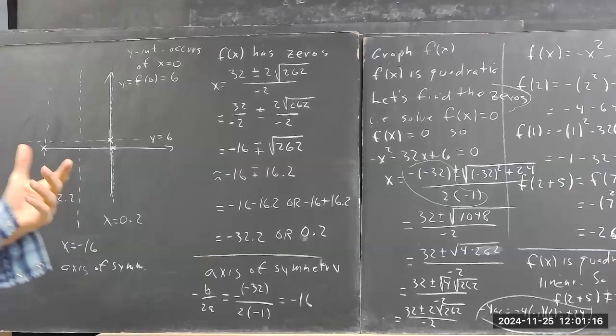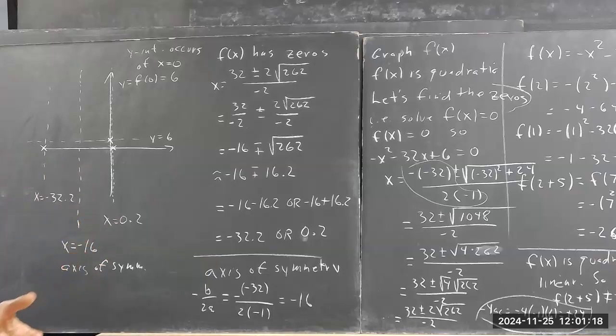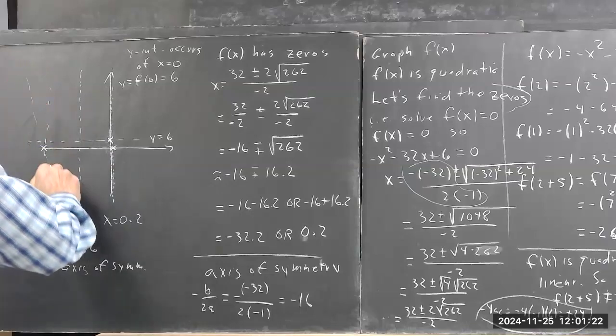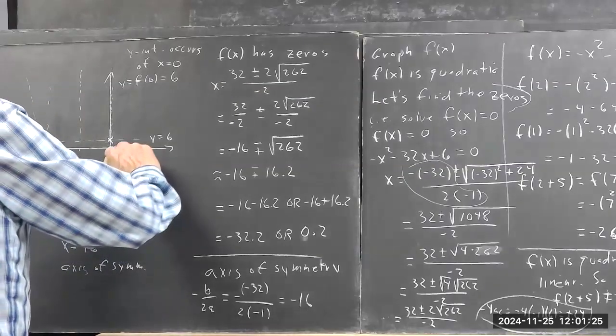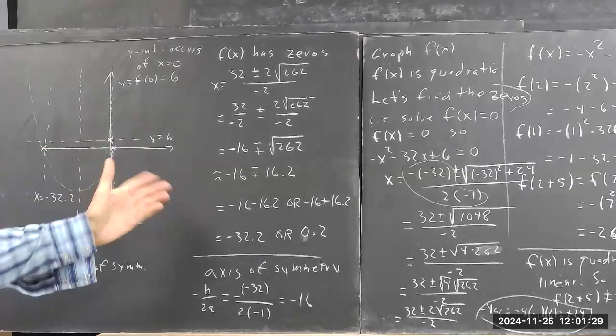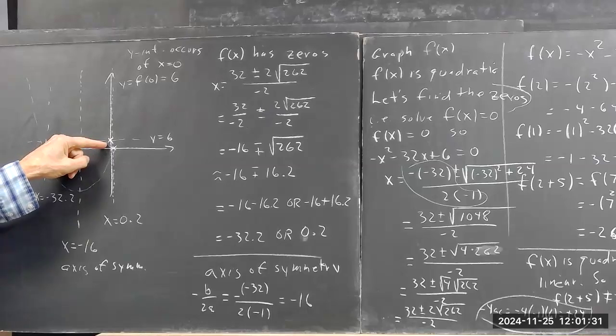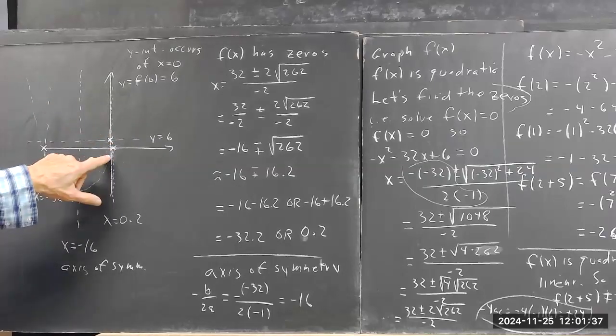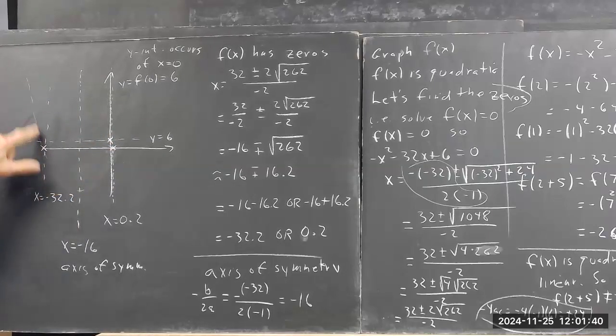Now, how are we going to draw a parabola through all this? We could try to draw it like this. But once we get here, which is to the right of the x-axis, there's no way to backtrack and go through this point because this thing is a function. You would fail the vertical line test if you went back on this thing. So we can't draw it like this.